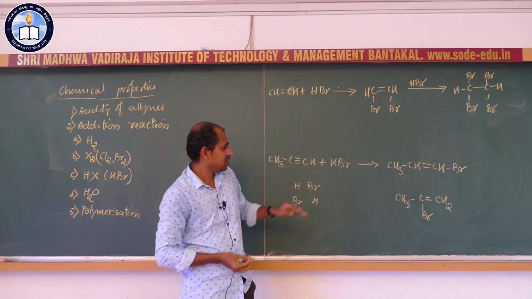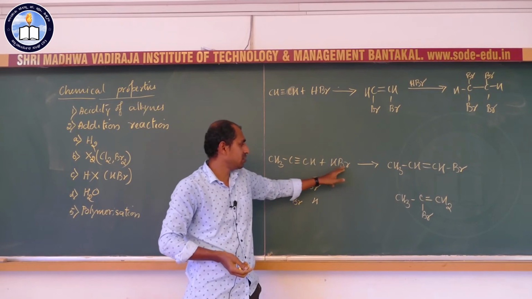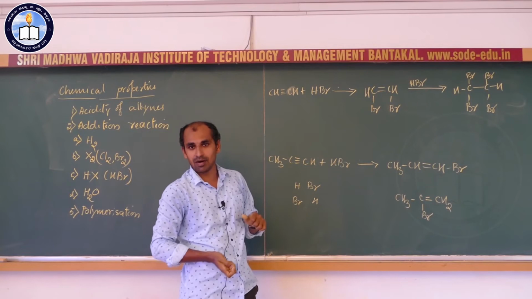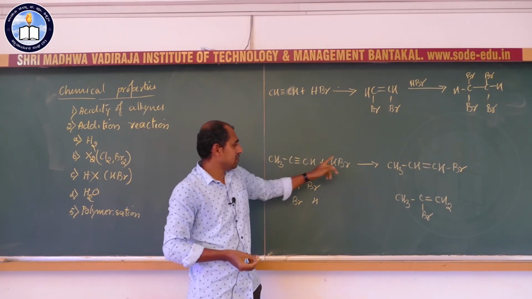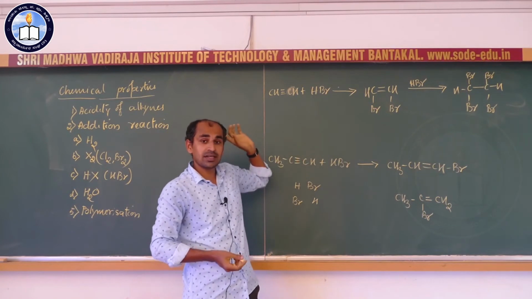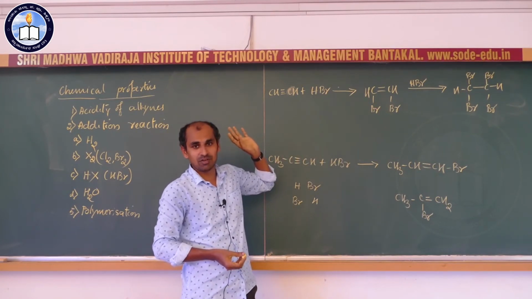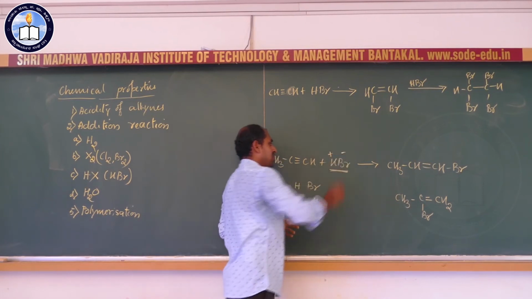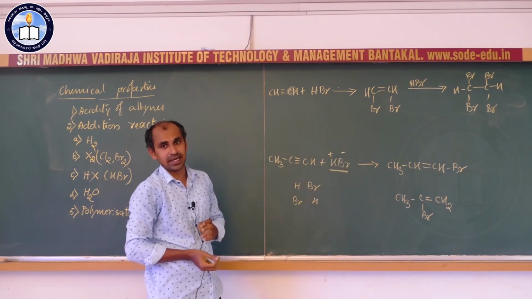What does Markovnikov rule say? During the addition of a heteronuclear diatomic molecule across the multiple bond, the negatively charged adding group goes to the carbon containing the least number of hydrogen. In HBr, hydrogen has a positive charge, Br has a negative charge.